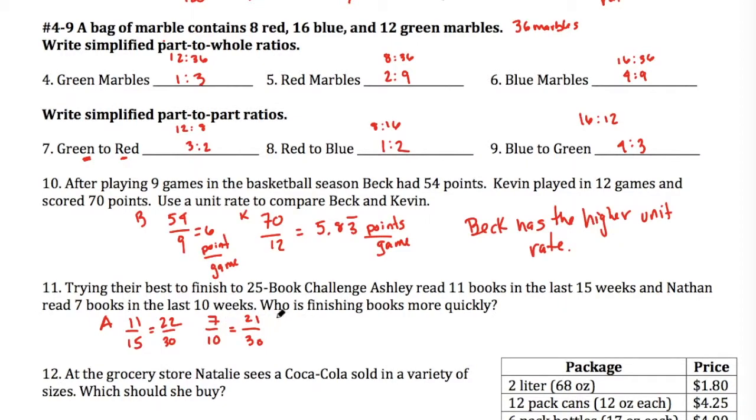So Ashley versus Nathan, if they were both given 30 weeks, Ashley would finish 22 books. So Ashley would finish more books in 30 weeks. So her rate is faster.